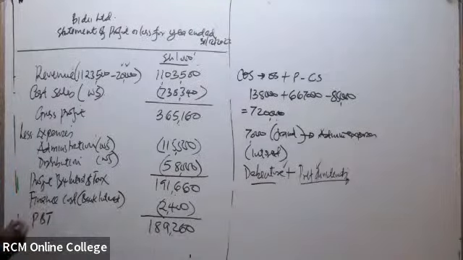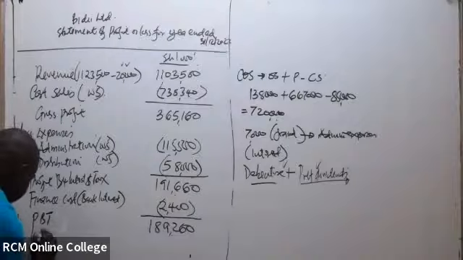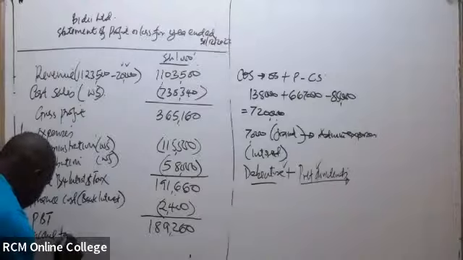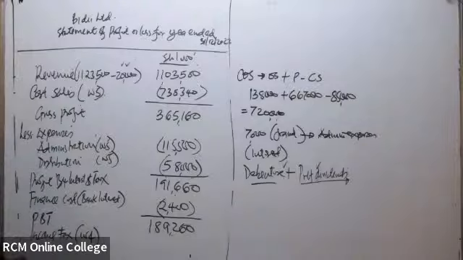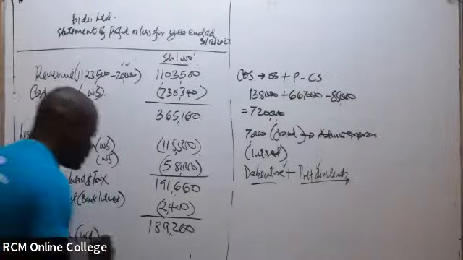Then, because this is before tax, we have to consider our tax. We had computed the income tax under working number 4, the last item we computed in our previous class. It was 51,600.